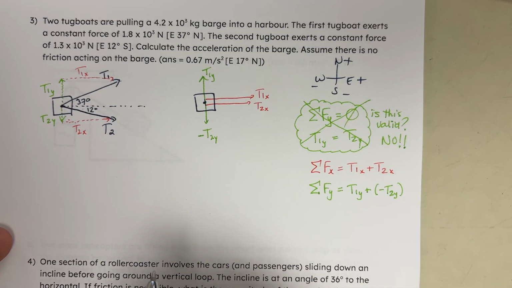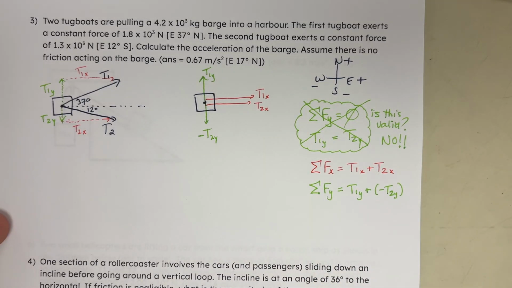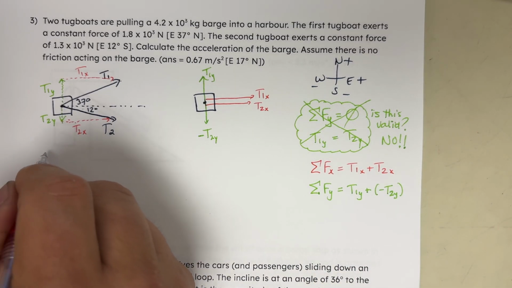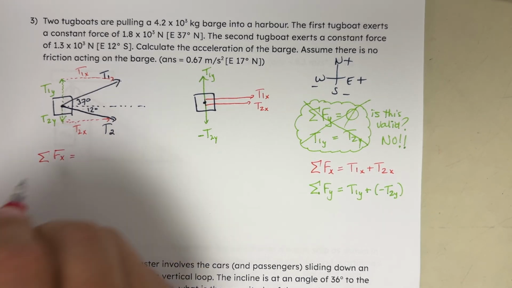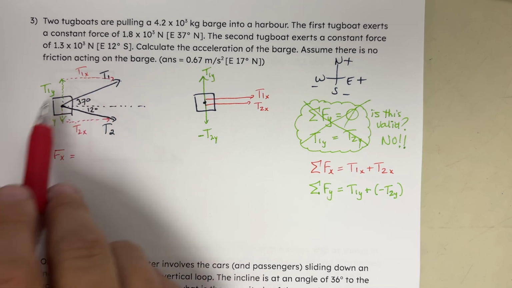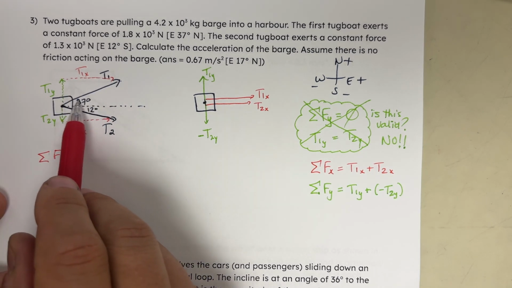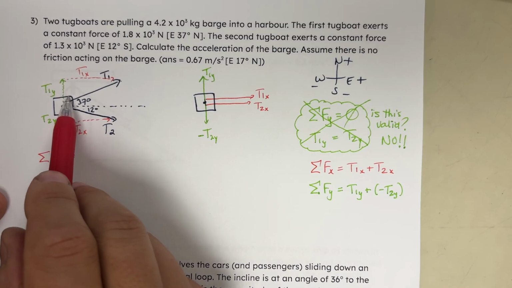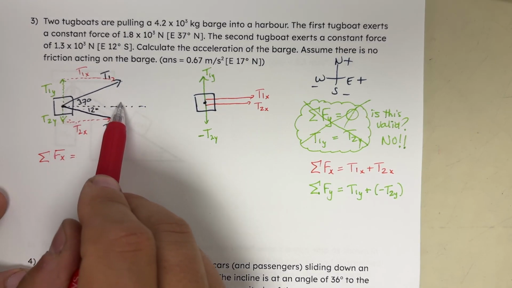So I have these two statements now, and I actually have all the values that I need to solve them. So I'm going to solve them over here. So my Fx, if I look at T1y here, I have my angle. I could use this angle as well. Now you could have gone in here and done 37 as well, and that's totally fine if you wanted to do 37.